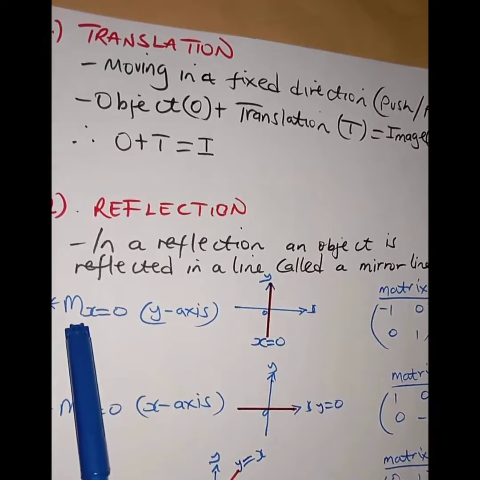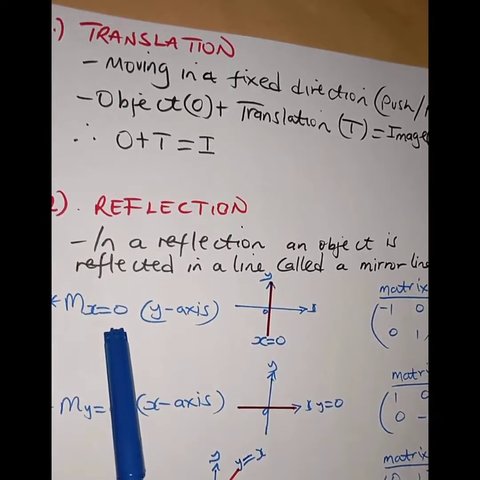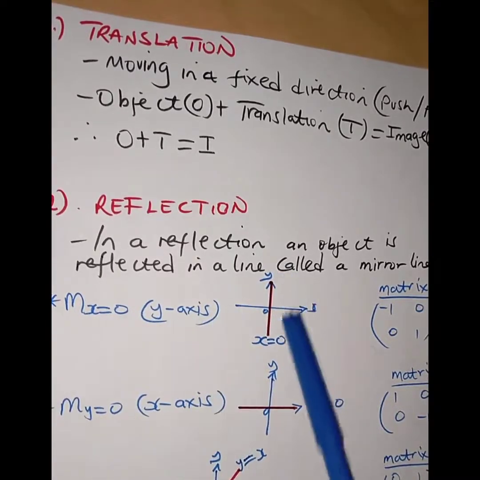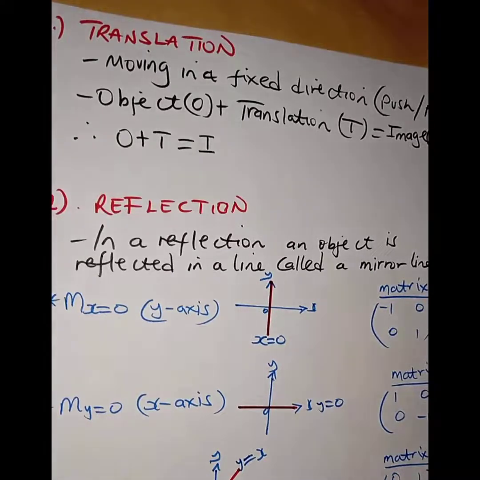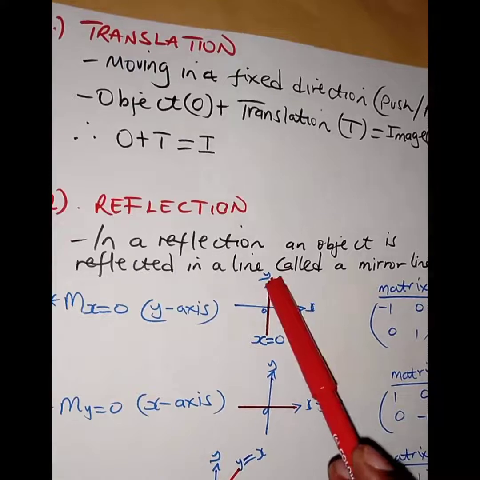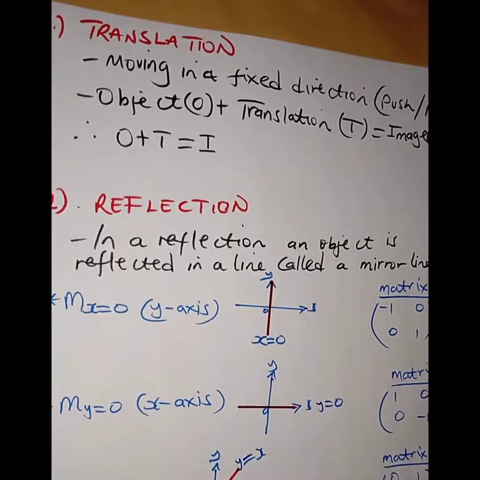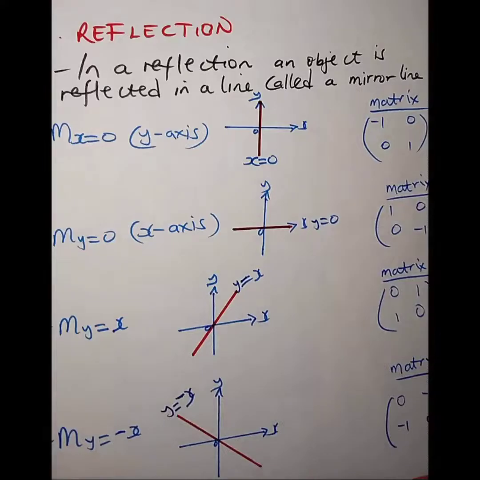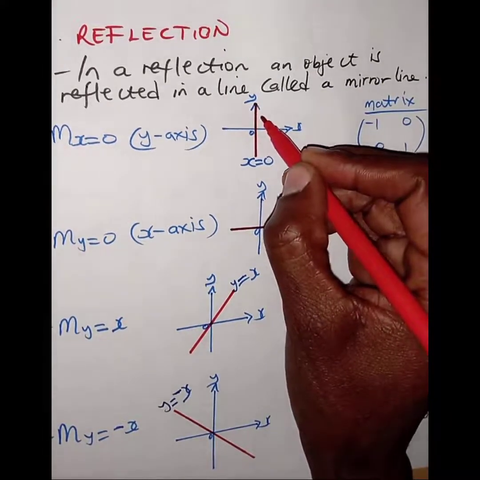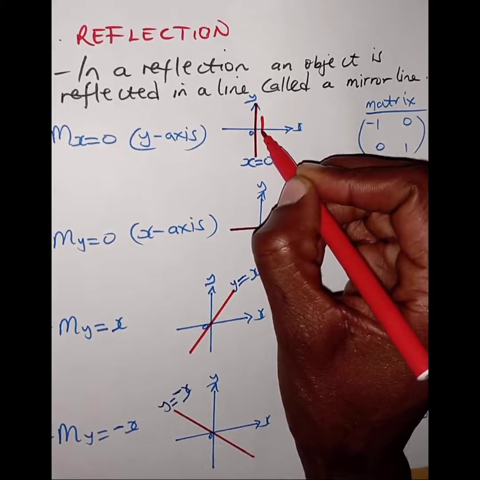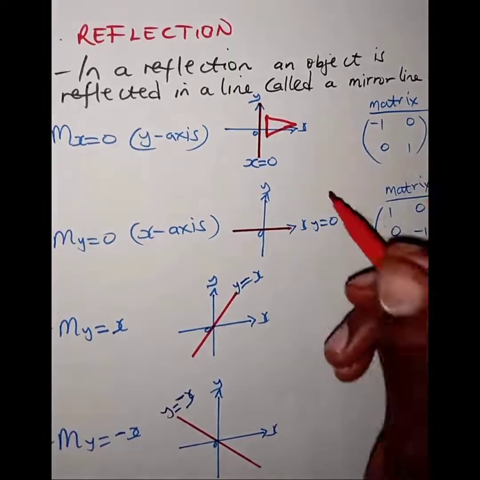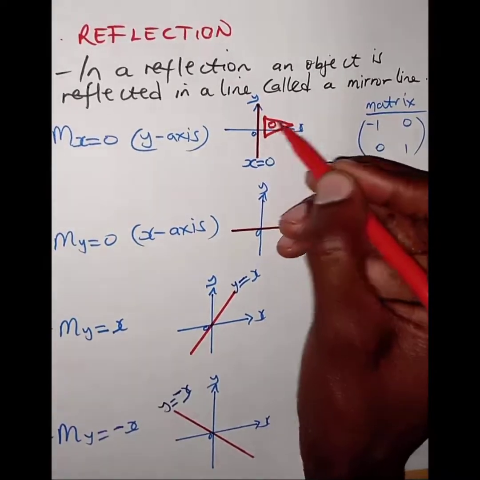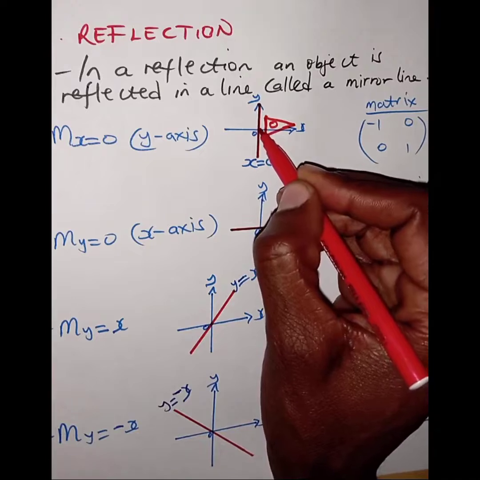Now, when the mirror line is x equals 0, that is the y-axis. Look at this Cartesian plane. This one is your x equals 0, which is also lying on the y-axis. So what it means here is that x equals 0 is the mirror line. If the object is like a triangle, just know that the image will be formed the same distance from the mirror line.